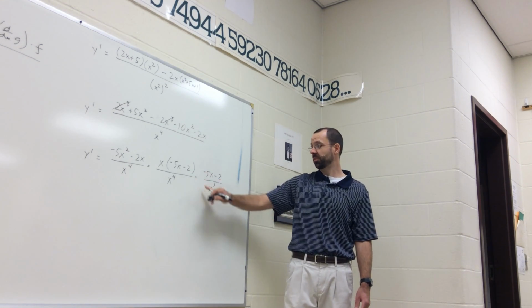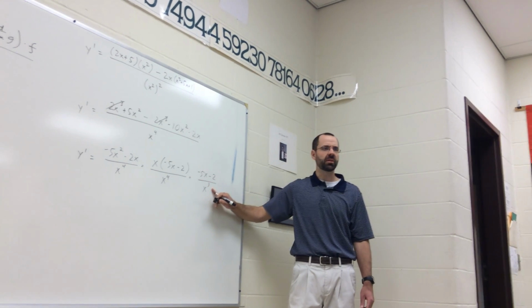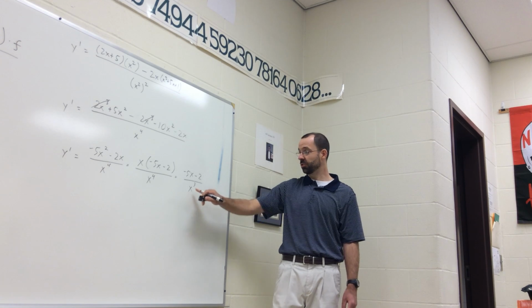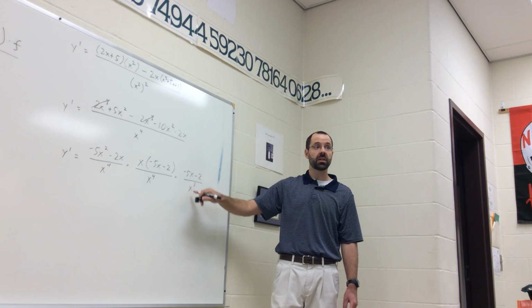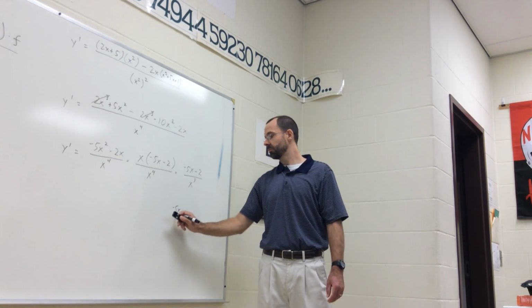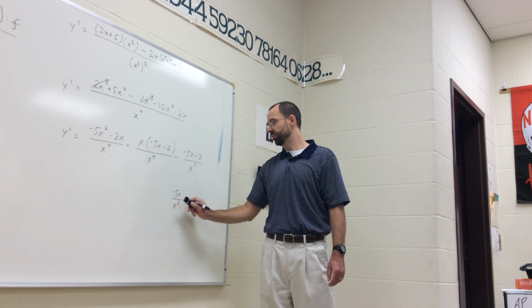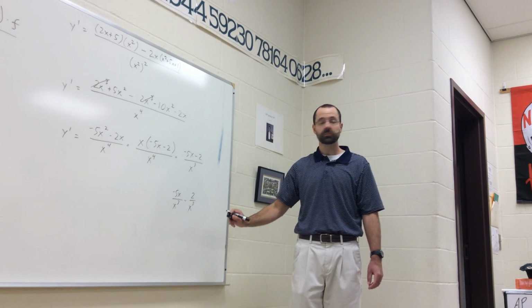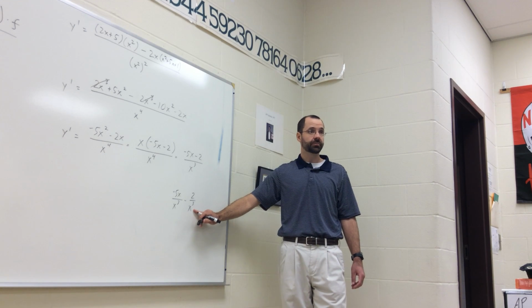Okay, so this is as far as I would go probably with simplifying. But I'm going to show you that you could divide the x cubed into both of those, right? This is not usual simplification, but you could do that.